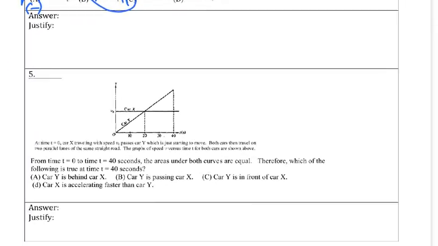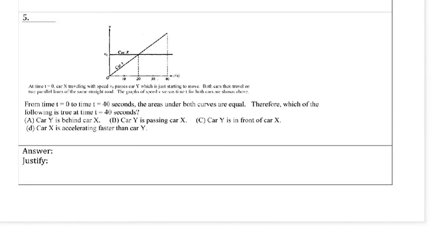Alright, so for number 5, we have the same picture as we had before. Okay, and it says, at time t equals 0, car X travels with a speed of v0, passes car Y, which is just starting to move. Both cars then travel on 2 parallel lanes in the same straight road.